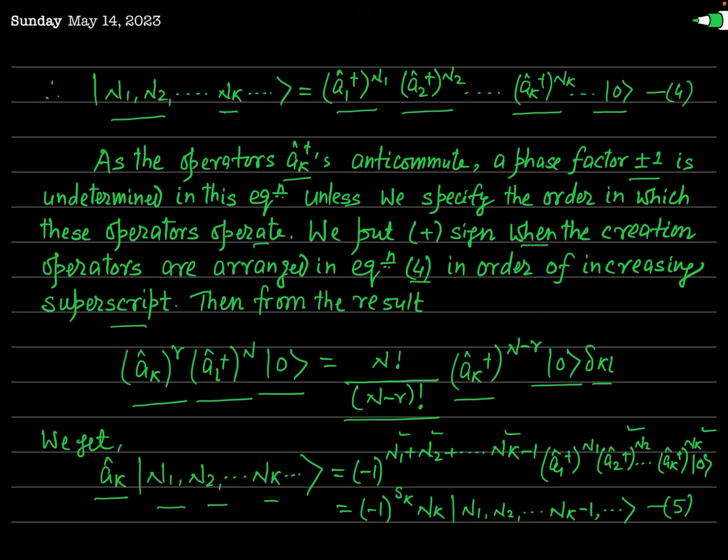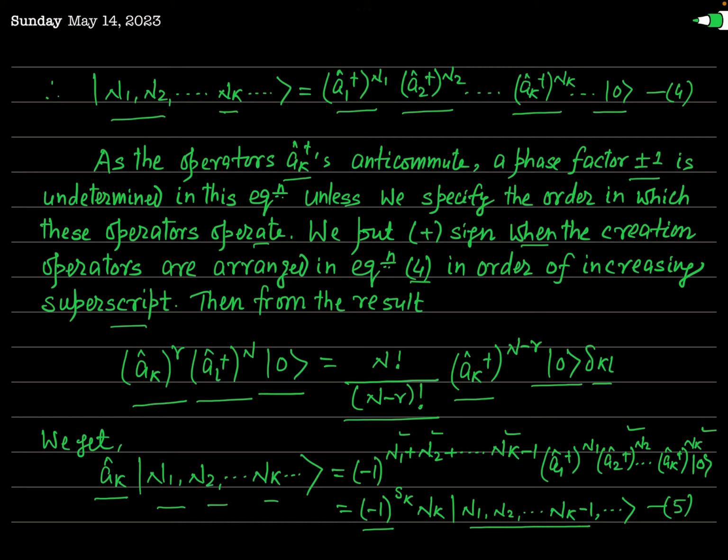If we consider that the sum of n1, n2, and so on up to nk minus 1 is equal to sk, then we can write the eigenvalue equation like this: minus 1 to the power sk, nk, and the eigenvector is n1, n2, and so on up to nk minus 1.